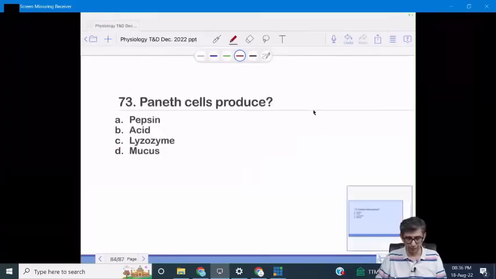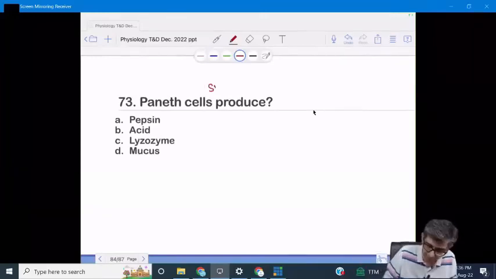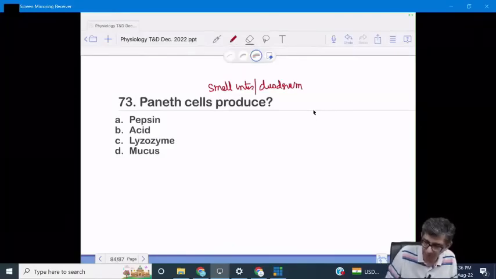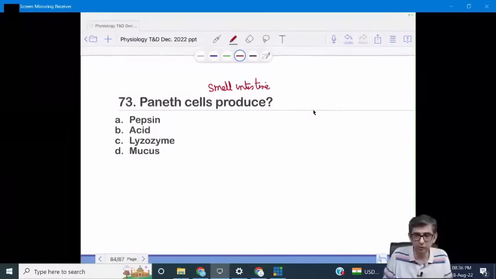73 is Paneth cells produce. I think Paneth cells would be present in the small intestine, mainly with respect to the duodenum. And the main function of the Paneth cells would be that they would be responsible for helping in killing of bacteria by producing lysozyme.